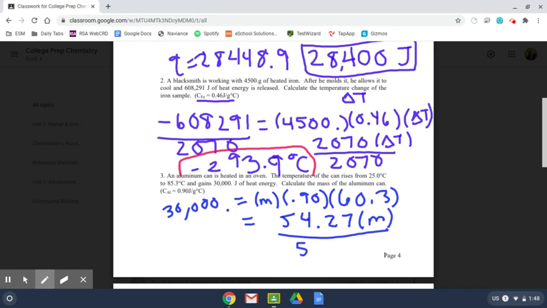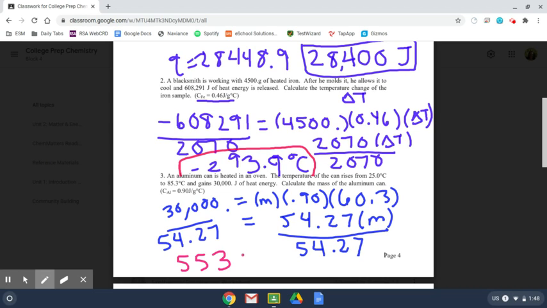Divide both sides by 54.27. So 30,000 divided by 54.27. And so we want 3 sig figs from the temperature. So it's going to be 553.